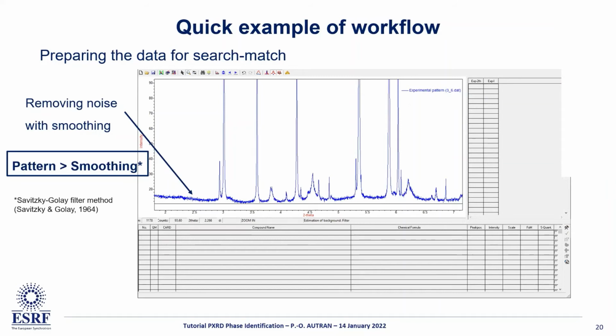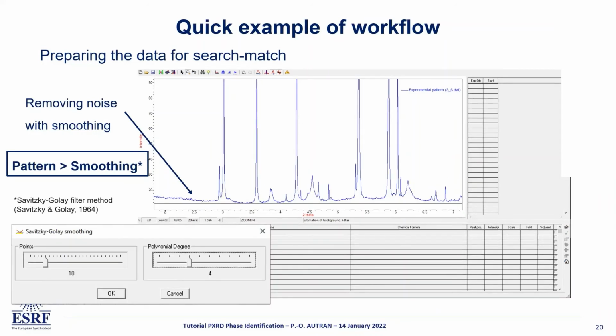If you have a very noisy pattern, which is common, you have to smooth out the noise to prevent the software from triggering on peaks that are not intense enough and not within the sensitivity of the algorithm.